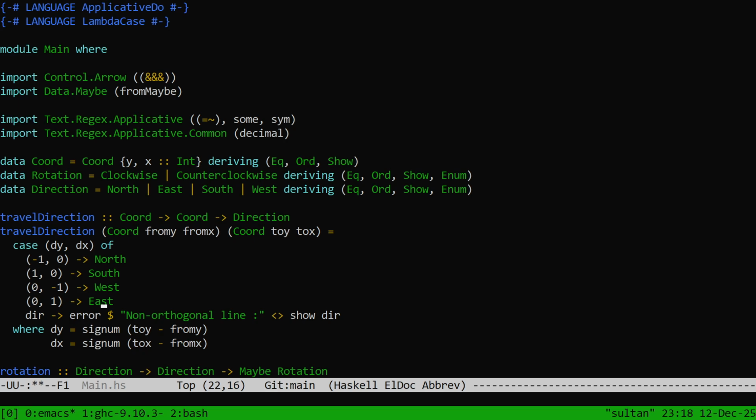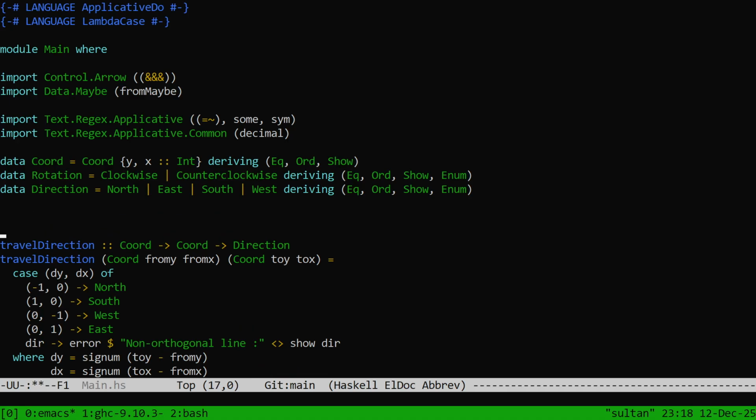But I think it's backward. No. If we're moving north, y is decreasing. Yeah, so I actually want this little delta function.